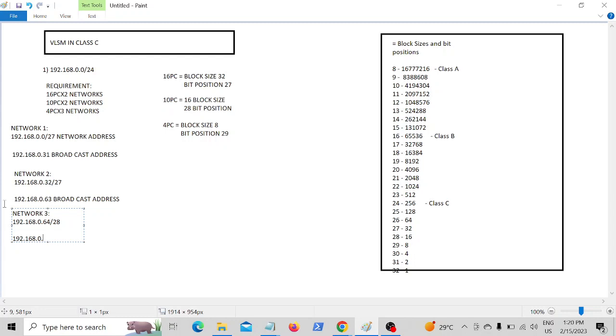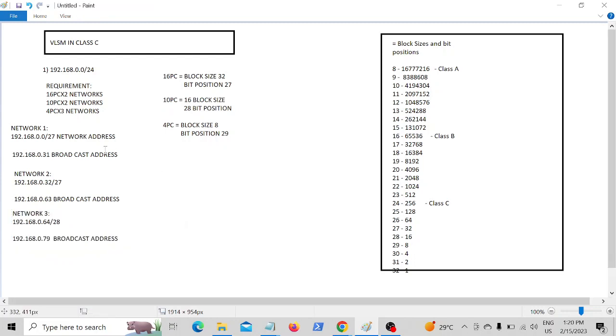No, I think you got it. So 0 to 32, again 32 plus 16. Okay, that is what I calculated wrongly. Don't get confused. Now 192.168.0.79 is the broadcast address. See, 0 to 31 is network 1.